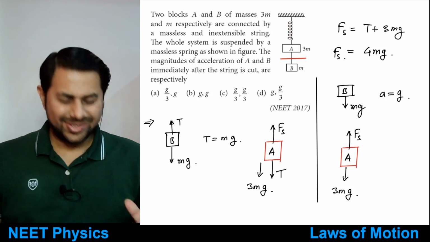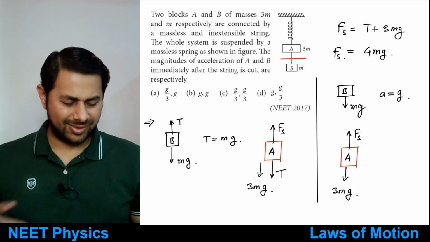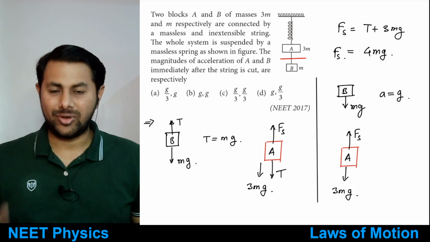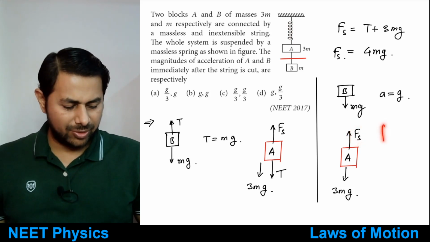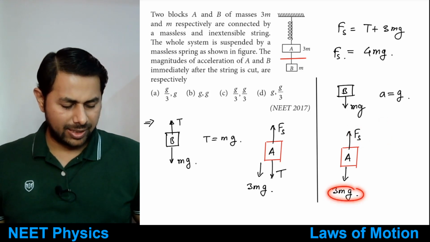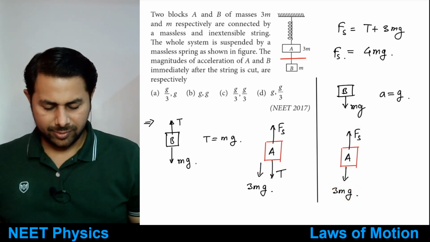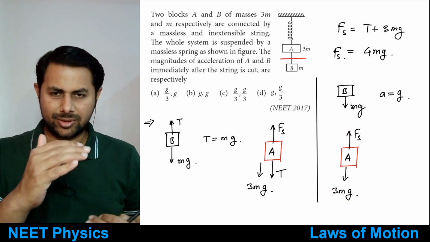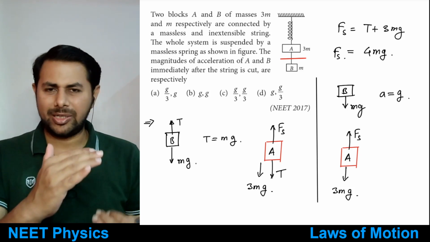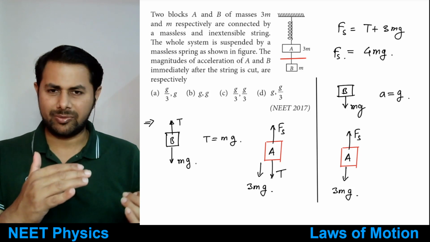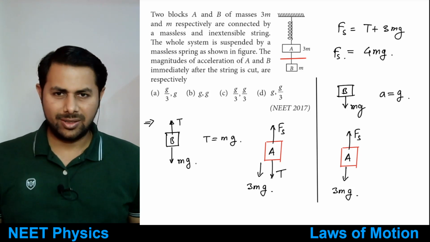So the spring force remains the same for the time being. Spring force is acting upwards and this one is acting downwards, because the spring is displaced. So spring force is equal to K multiplied by the displacement, right?